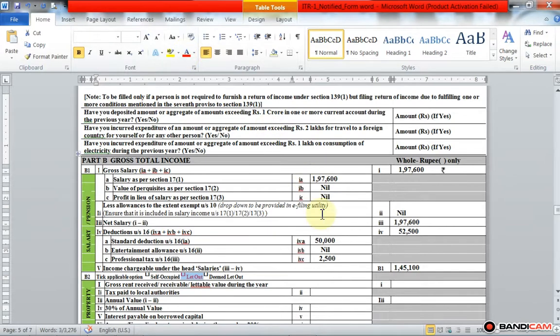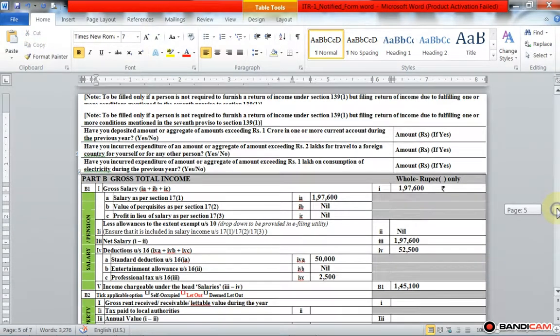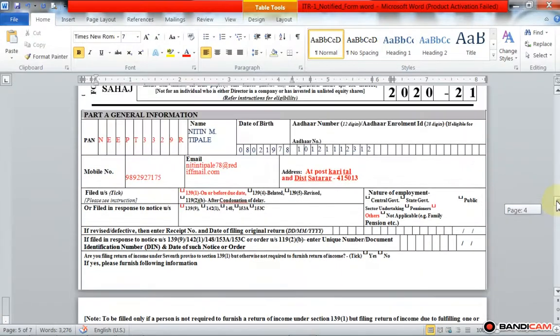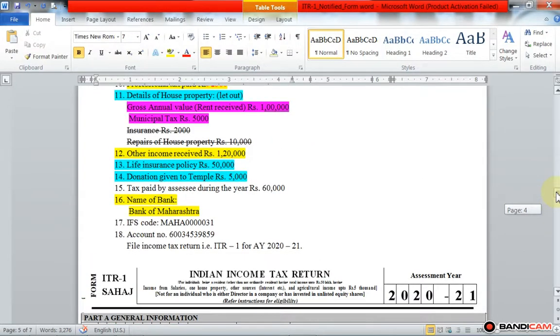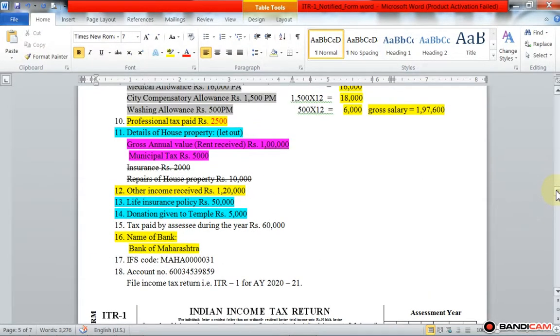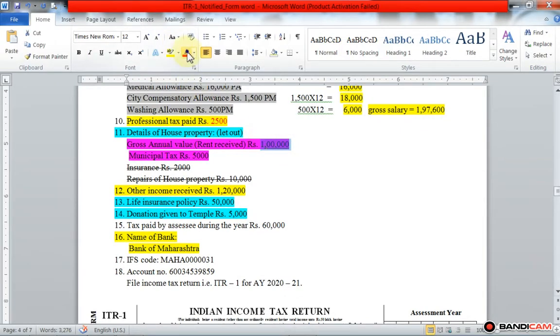Got it? Then next one is gross rent received during the year. Gross annual value is given, rupees 1 lakh.